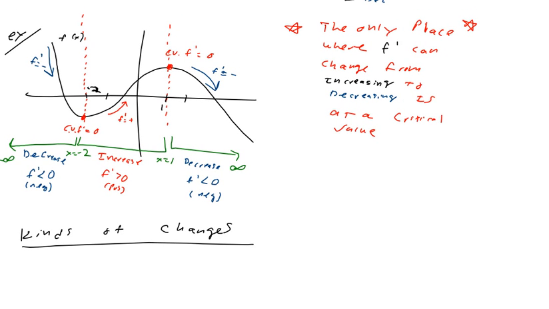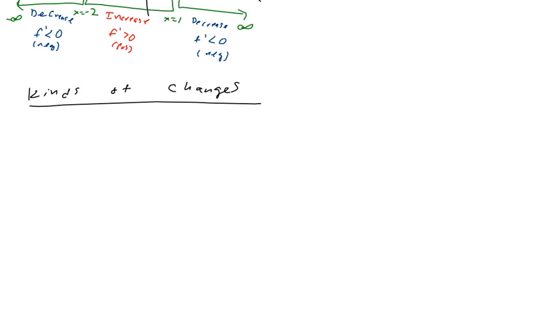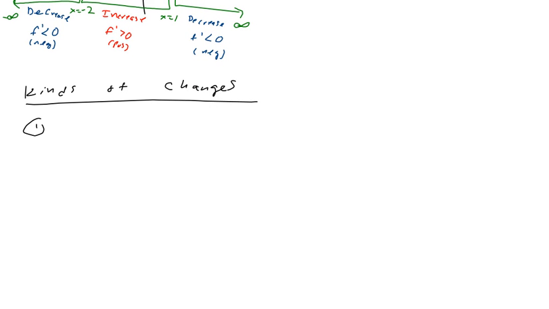One, if you go from decreasing, and then you land on a critical value here, to increasing. You go from decreasing to increasing. Here f prime equals 0. You go from negative to positive.